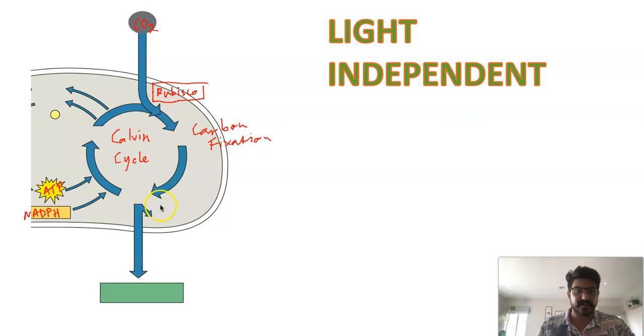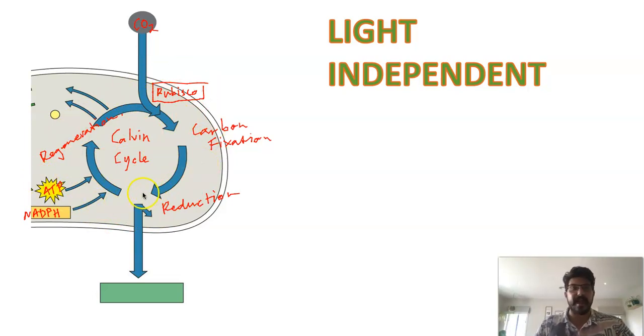Knowing that you're also going to end up getting a reduction stage. And then knowing that you also have a regeneration stage. Those 3 words in the cycle is all that we really need to know.